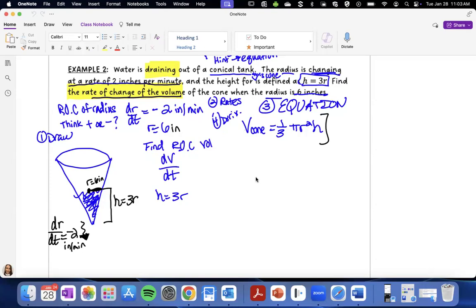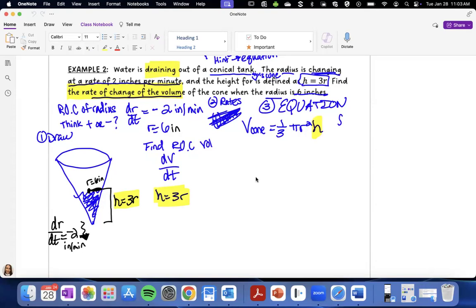Because what would I have to use with this? Do you see product rule with R and H? Do I want to use that? Do I have to use it? No. Look at this. H equals 3R, right? Couldn't I just use algebra and plug it in? So before I differentiate, I'm going to simplify.